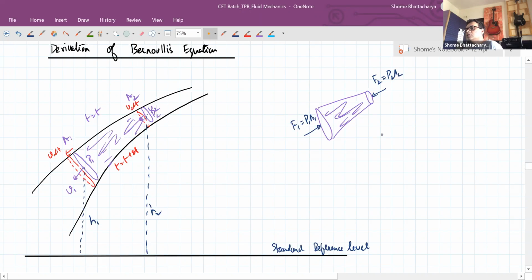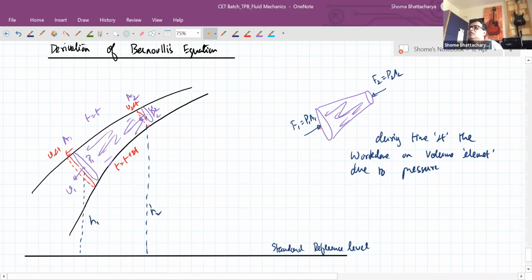So during time interval delta T, the work done on that volume element due to pressure, that will be how much?